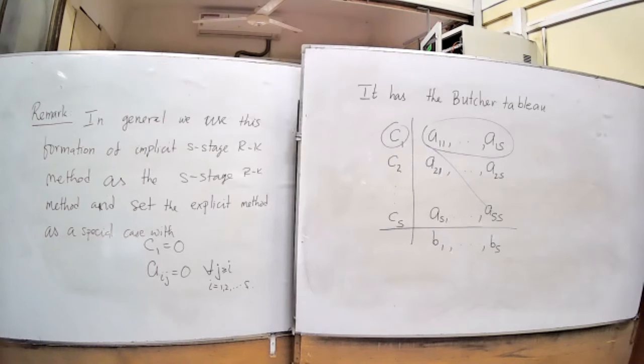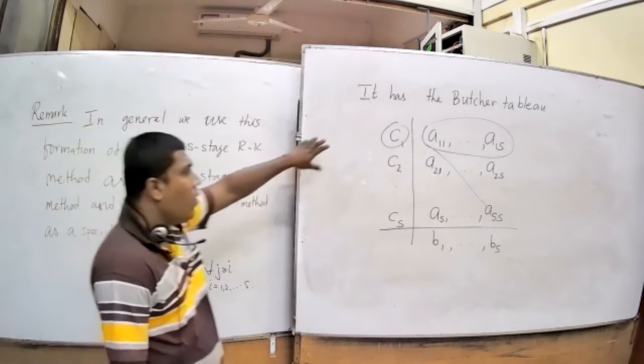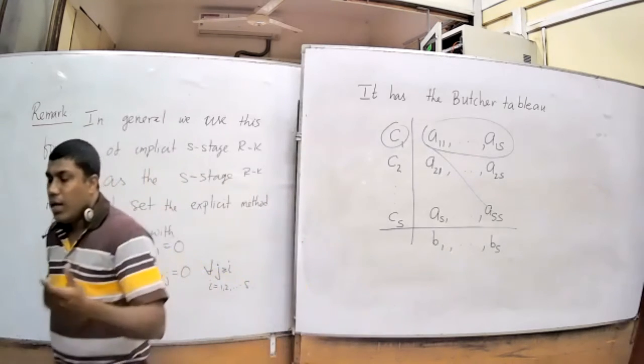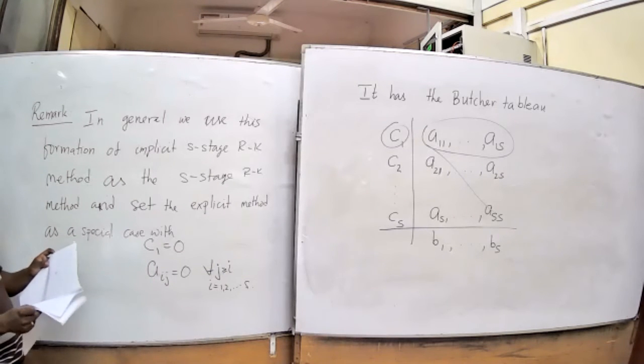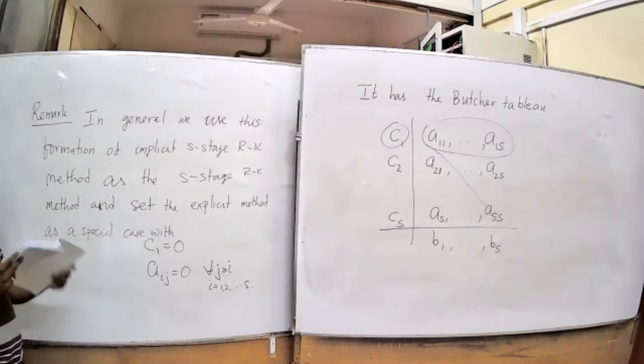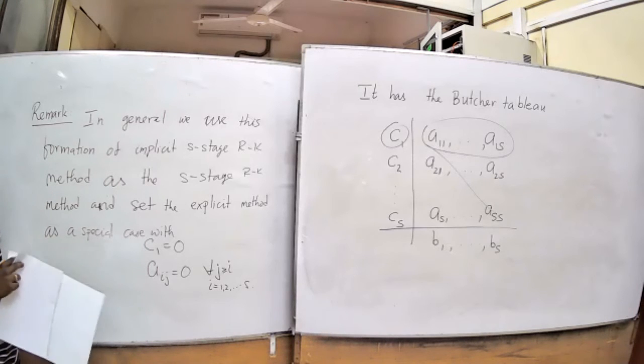So even in old exam papers or any other books, when you see an S-stage Runge-Kutta method, they just mean the implicit Runge-Kutta method, right? So just for your understanding only, I go in the other order. I start with the explicit formula and then come to the implicit formula.